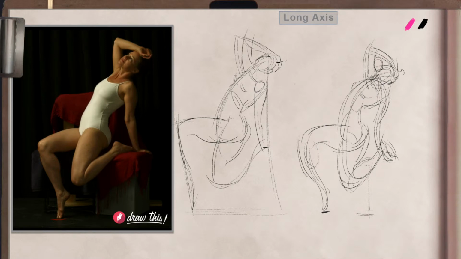Now, the concept is the same, is that the long axis is the primary movement, the connecting line between the forms. We want to make it as long as possible, and every form has its own long axis, because larger forms are made up of smaller forms, which have also their own long axis.